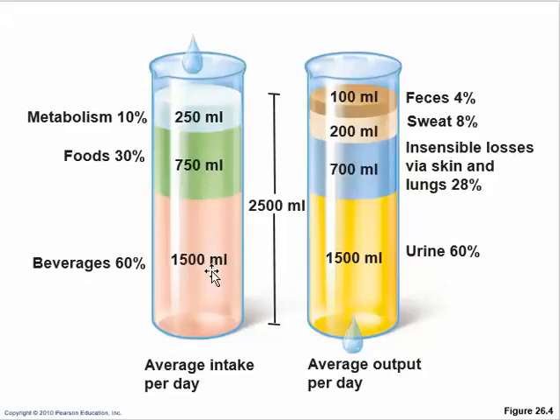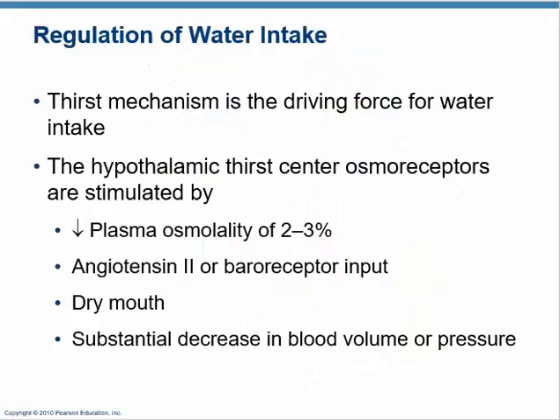If water intake is down, then urine output also goes down, and we find this balance. If water input goes up, say you're taking 3.5 liters of water in, urine levels will go up, probably to 2,500 mL. It finds this balance.